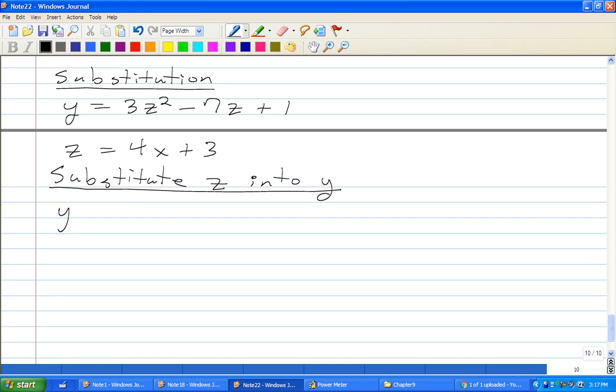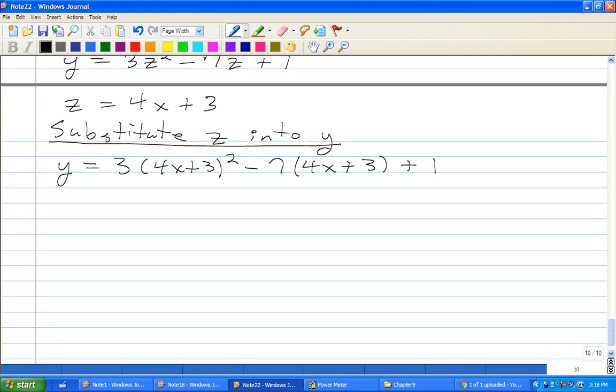And so I have y is equal to 3 times (4x plus 3) squared minus 7 times (4x plus 3) plus 1. And so I have substituted: every time I see a z, I replace z by 4x plus 3.